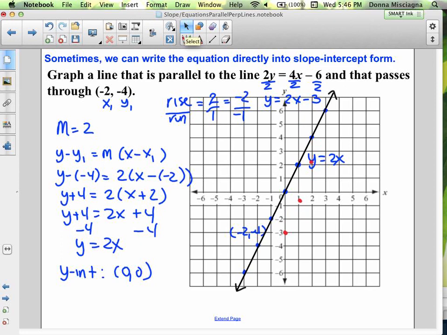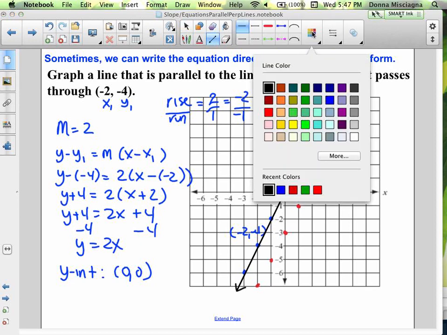And now have my points gotten offline? All right, you go here, and you're supposed to be here. Okay, now we can count. Up 2 to the right, up 2 to the right, up 2 to the right, or down 2 to the left and down 2 to the left. And I'm going to try to graph in any other color but black. How about green?